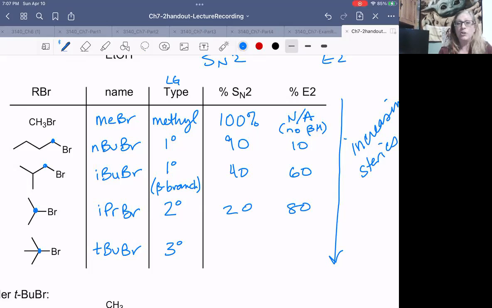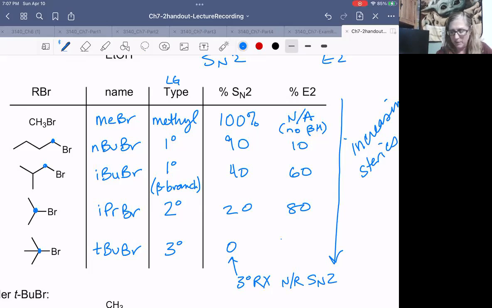And then when we get to tertiary, how does backside attack look on a tertiary center? Remember, we said that Sn2 is so slow on tertiary, we actually describe it as no reaction. So let's say we have 0% Sn2, because with a tertiary alkyl halide, tertiary RX, no backside attack is going to take place.